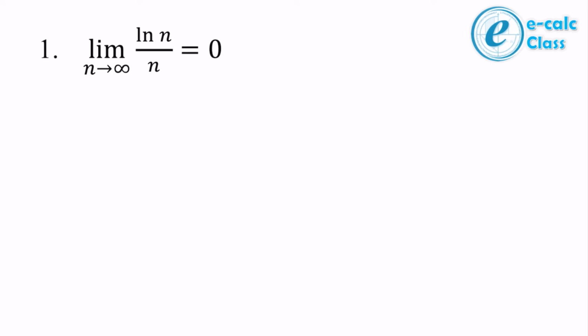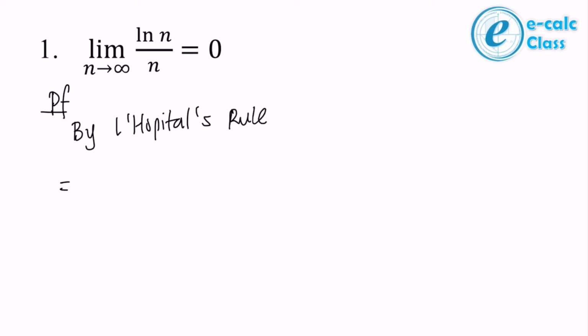So I'm going to write the proof here: by L'Hopital's rule. If you don't know how to differentiate ln n, never mind, I will just tell you it is equal to 1 over n. This is the derivative for the natural log.